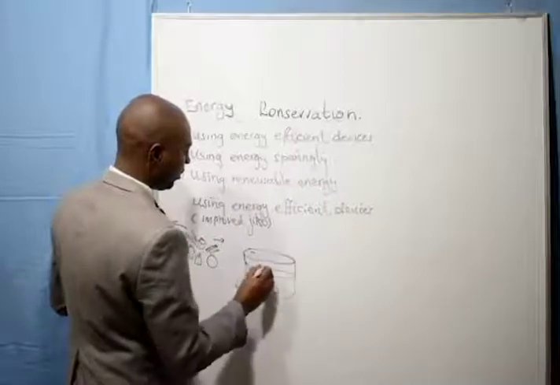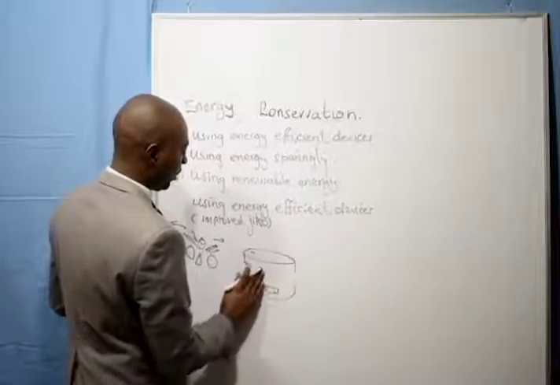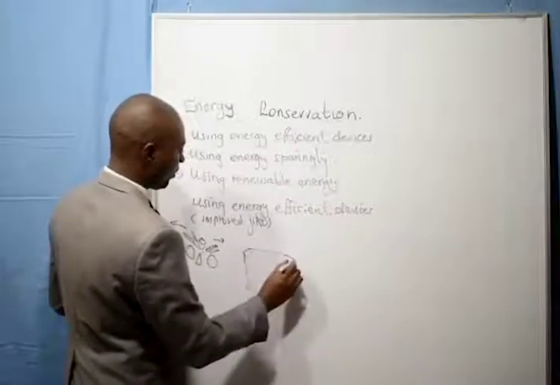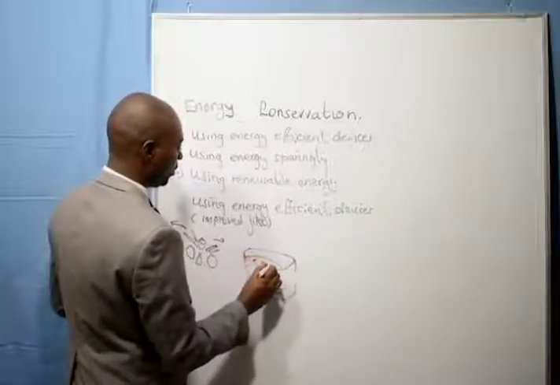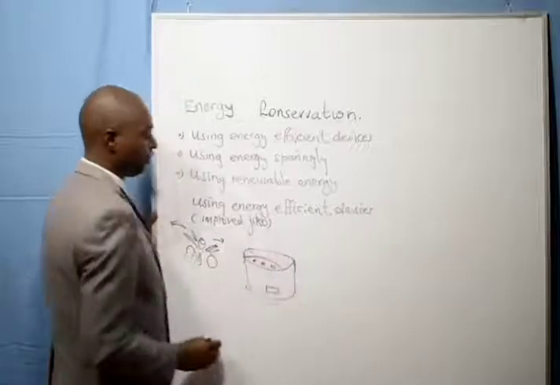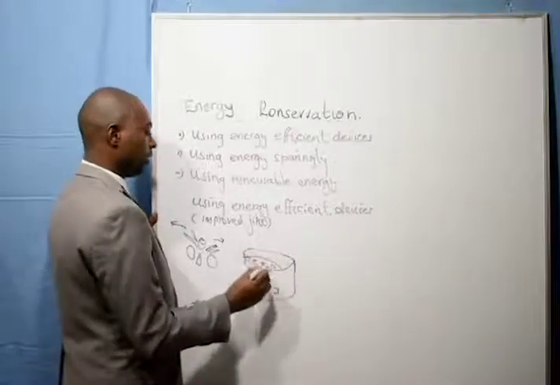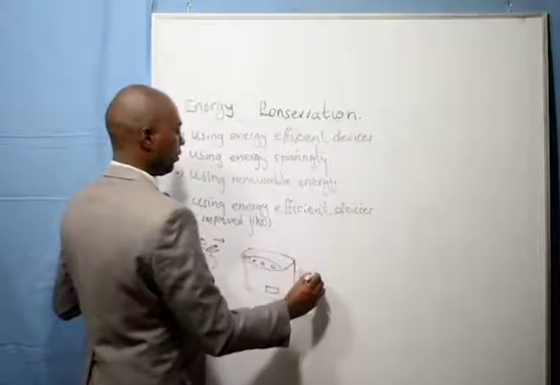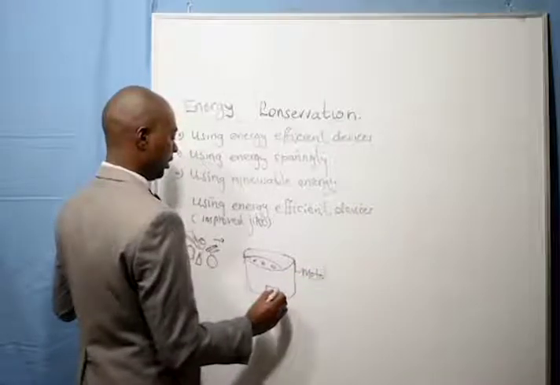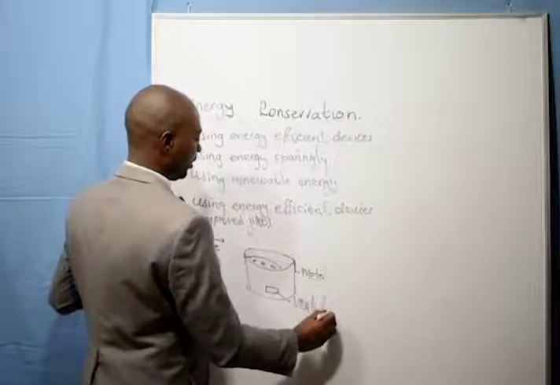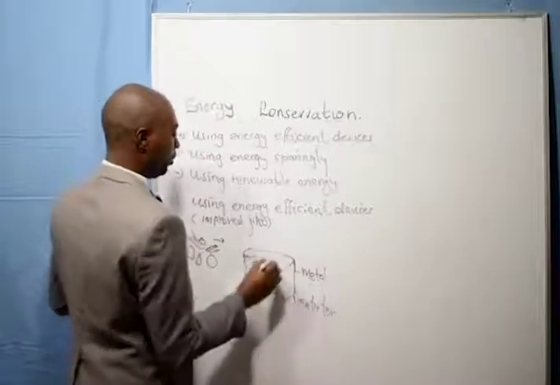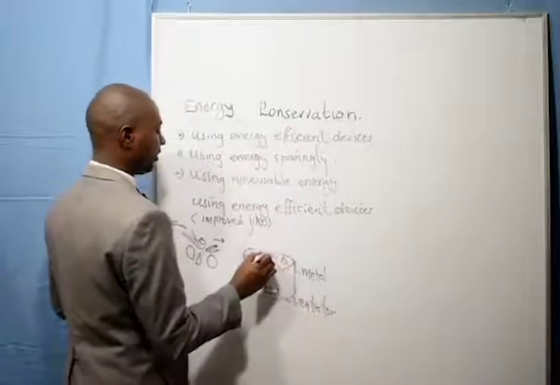Then there is a column that holds the charcoal. This is made of metal. Then this is the ventilator. Then what you do, you put charcoal inside here.